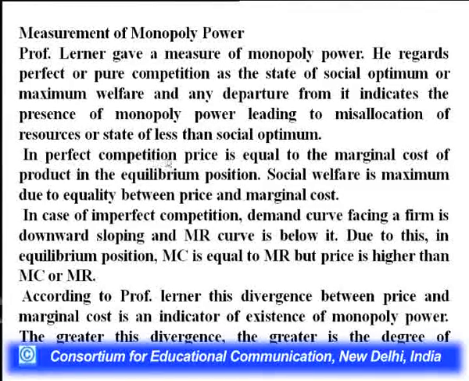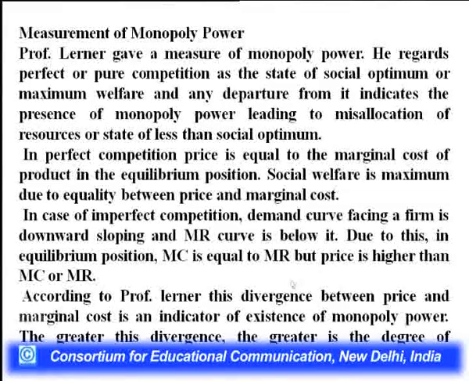In perfect competition, price is equal to the marginal cost of the product in equilibrium position. So, social welfare is maximum due to equality between price and marginal cost. In case of imperfect competition, the demand curve facing a firm is downward sloping and the MR curve is below it.